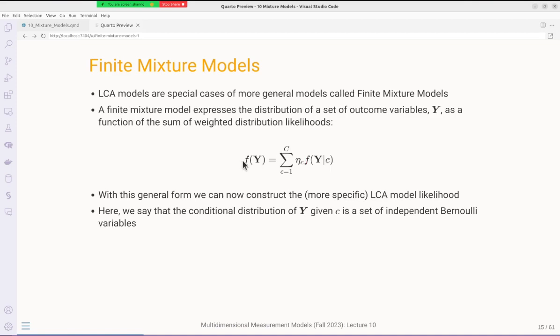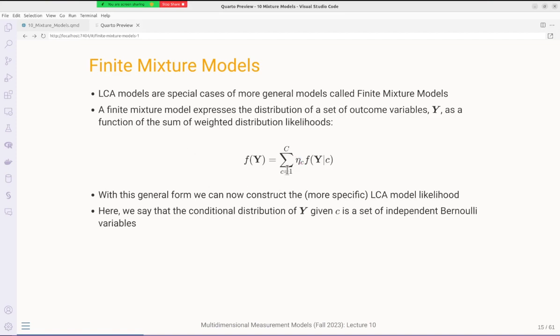So for f of y, the marginal distribution, to also be a proper probability distribution, we have to weight each class-specific probability or likelihood by a mixing proportion. That's what eta c happens to be. This is the proportion of people in each class. And this n-looking parameter I'm going to call eta. I hope that's correct. I think it is.